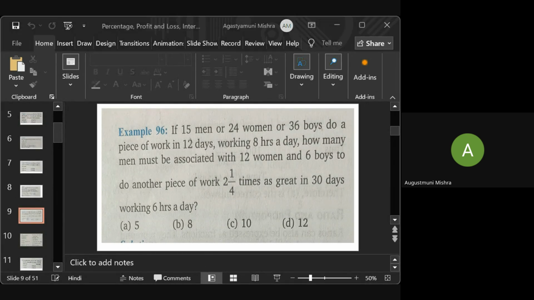Next question, your time starts. One answer I received, that is B. I'm waiting for a few more because I think only 10 more minutes are left for today's session.